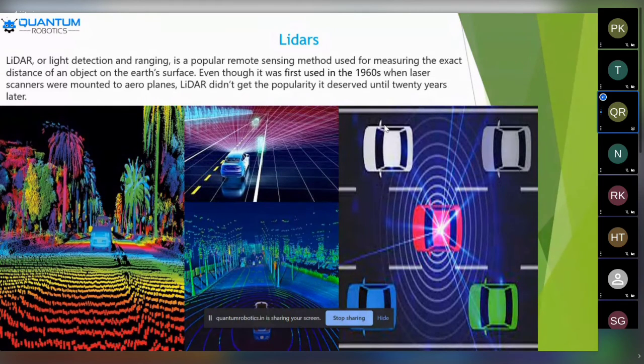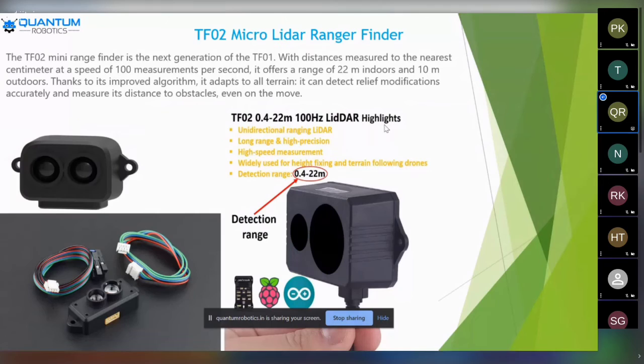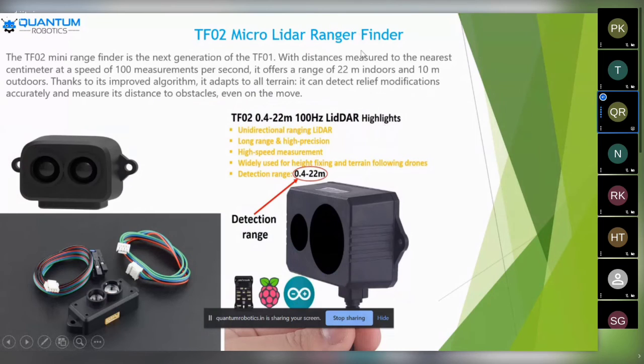Different types of sensors. The main particular sensor is the lidar sensor, and the TF02 micro lidar range finder. If you go with the TF02 micro lidar finder, it is a unidirectional ranging lidar with long range, high precision and high speed measurement, widely used for altitude fixing and terrain following in drones.